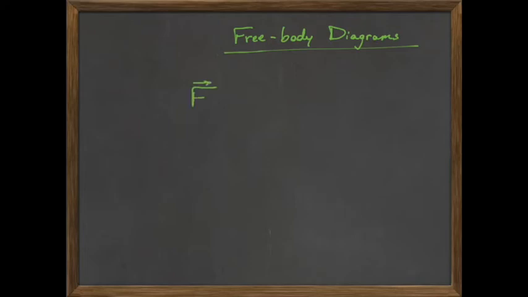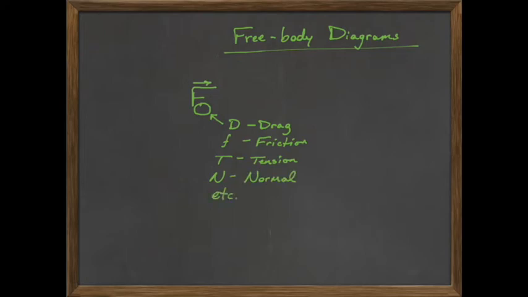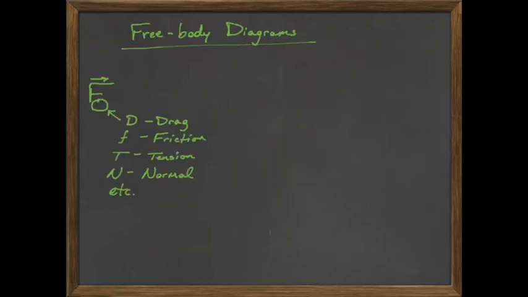One of the ways we do that is let's start with a force vector F. Now, typically you'll see a subscript, and in that subscript is where we will label the type of force. So, for example, D for drag, F for friction, T for tension, N for normal, and so on, like G for gravity and things like that.